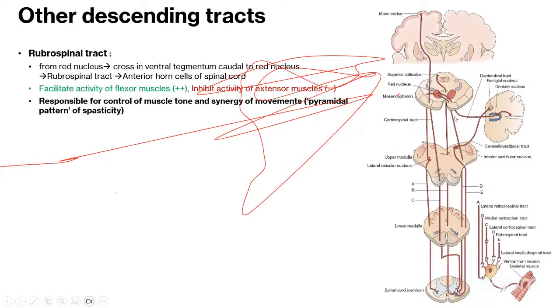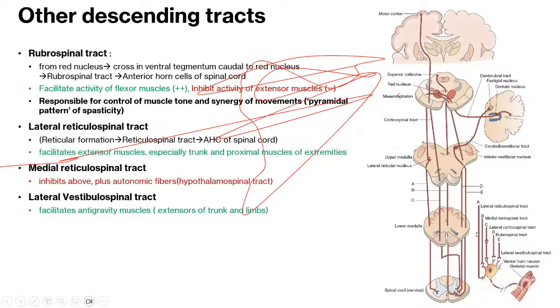They form the rubrospinal tract and end in the anterior horn of the spinal cord. This facilitates the activity of the flexor muscles, with inhibitory activity to the extensor muscles. So this helps in the control of muscle tone and synergy of movements. The pyramidal pattern of spasticity is basically because of the rubrospinal tract.